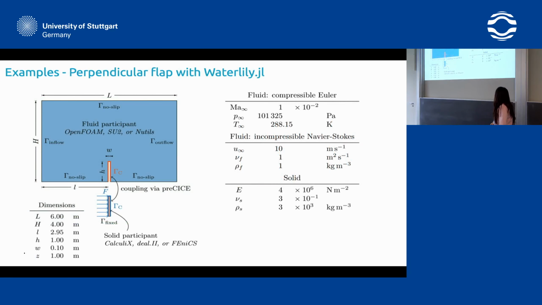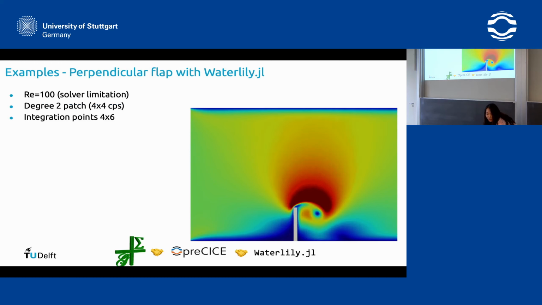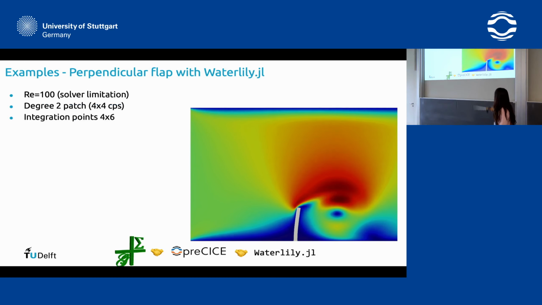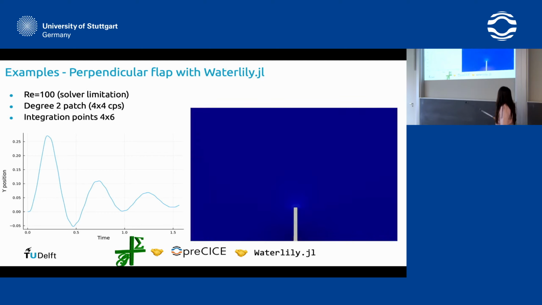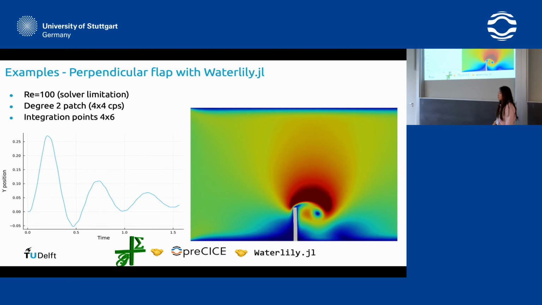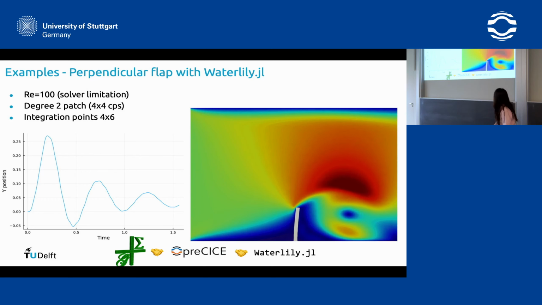Then the second small benchmark with WaterLily is this perpendicular flap. You can find the material there. For this, we only have a very first result. We haven't compared our result with anything.